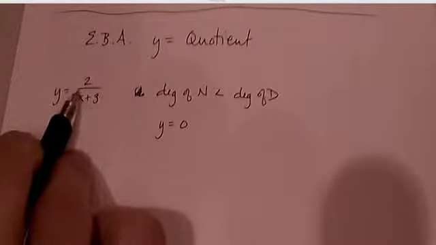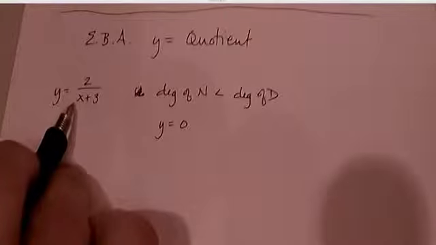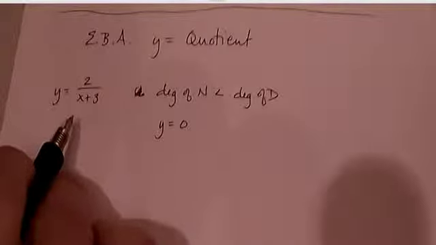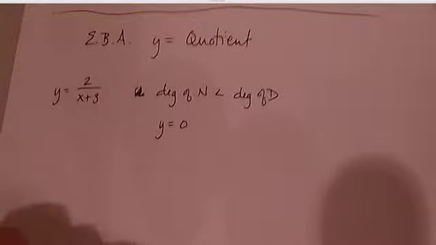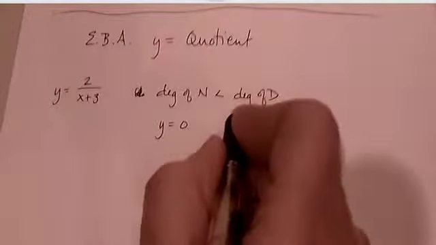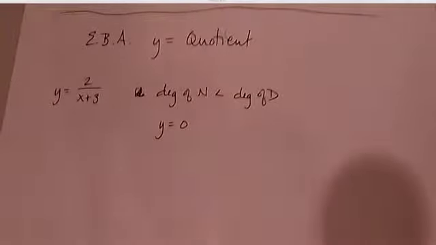And therefore, as this denominator increases without bound, as this denominator goes towards infinity, it starts to dwarf that numerator. And while it never officially gets to 0, it approaches 0, okay? So anytime the degree of the numerator is less than the degree of the denominator, our end behavior asymptote is y is equal to 0, okay?